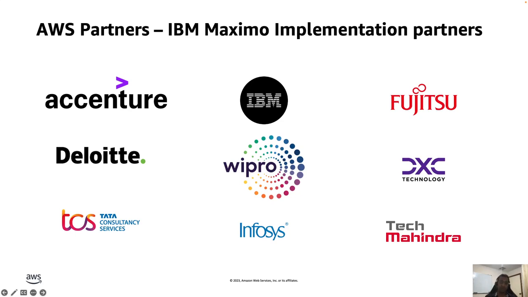Okay, so now let's look at some next steps around what AWS is doing to make it easy for customers and partners to actually run their Maximo workloads or MAS workloads on AWS.